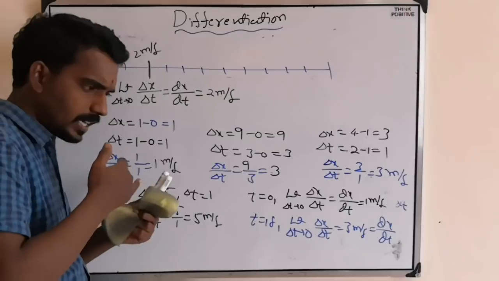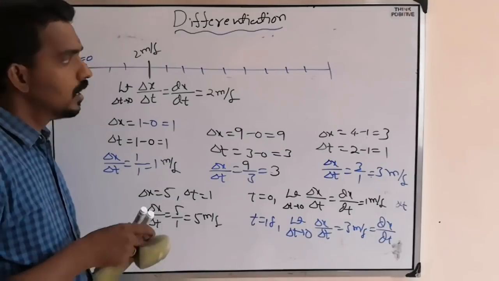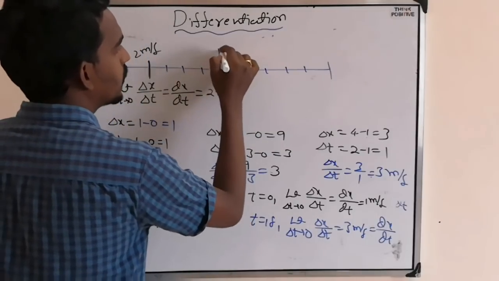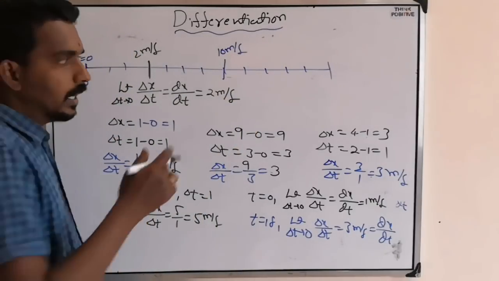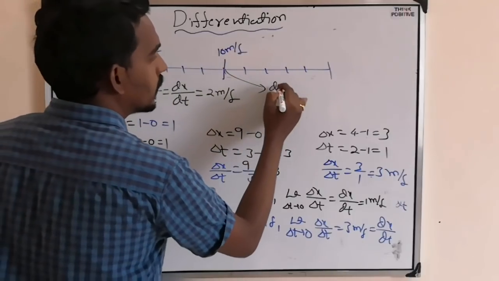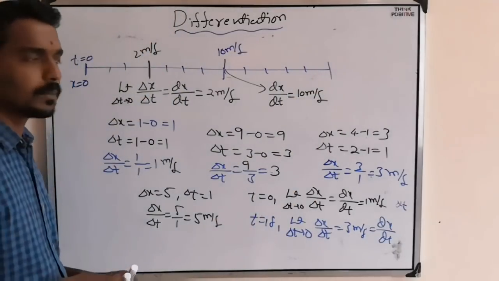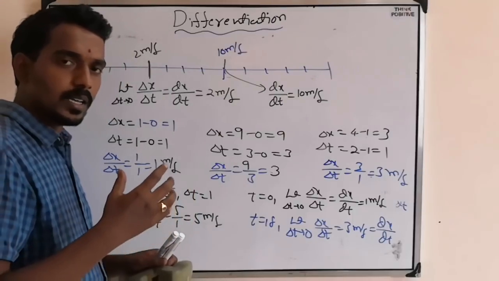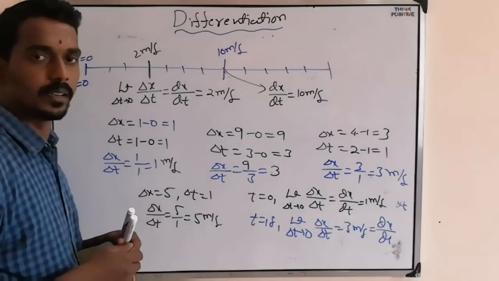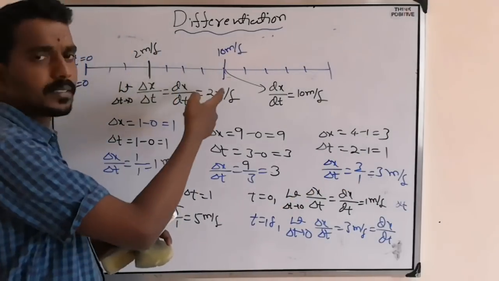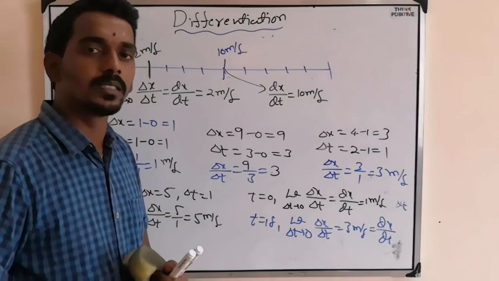Means here the car is moving such that it can cover 2 meter in 1 second. Suppose at another point here the speed is 10 meter per second. So that means here at this instant the dx by dt is 10 meter per second. That means here the car engine rotation speed is such that it can cover 10 meter in 1 second.